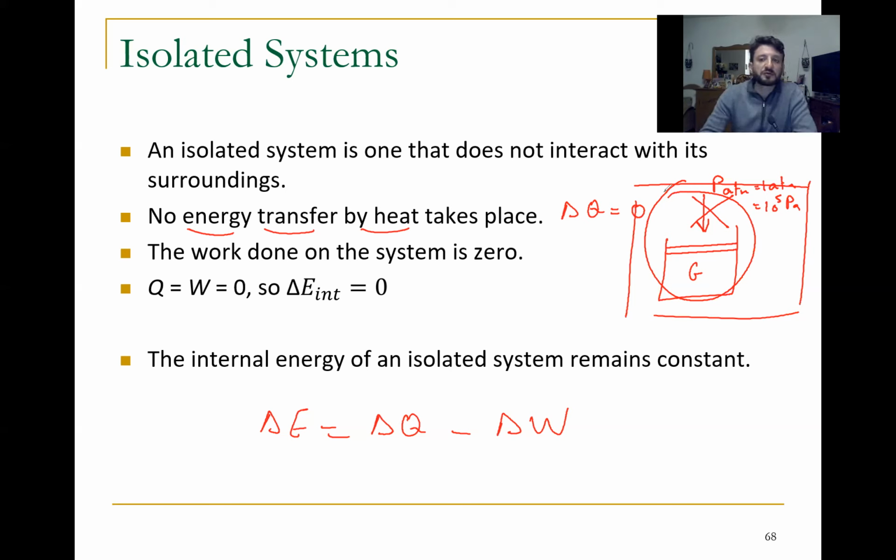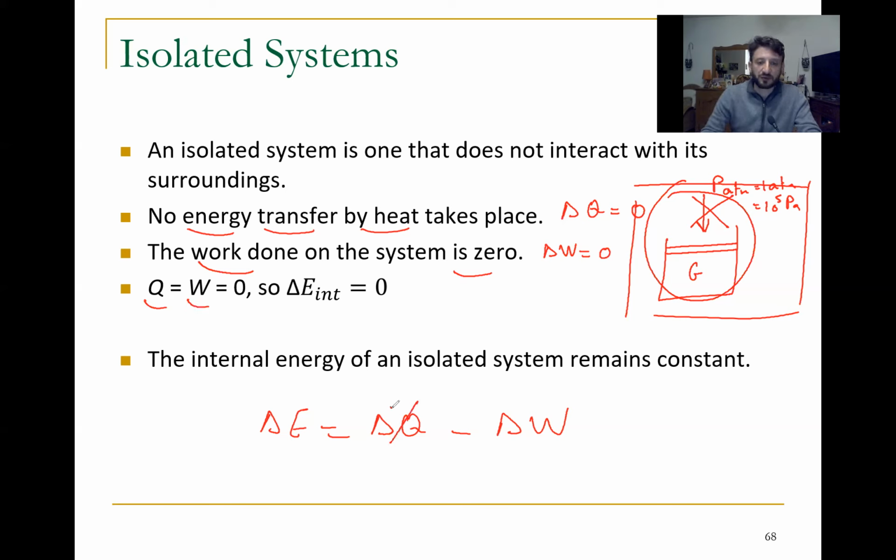As we don't have any force applied from the external medium, in this case we don't have any work done on the system from the external medium. So d omega external equals 0. In this case, Q equals omega equals 0.